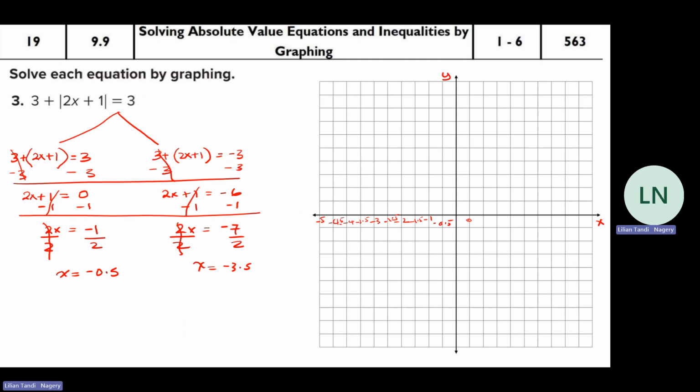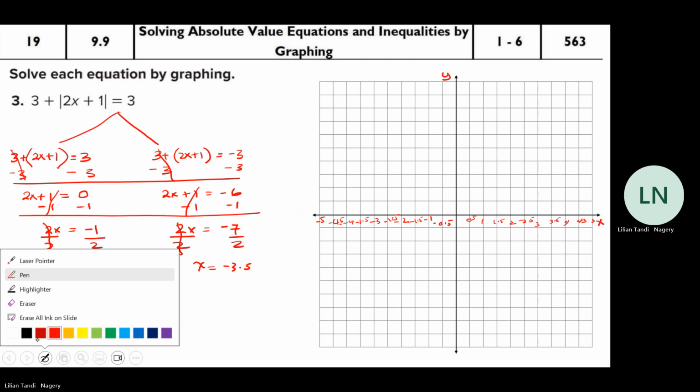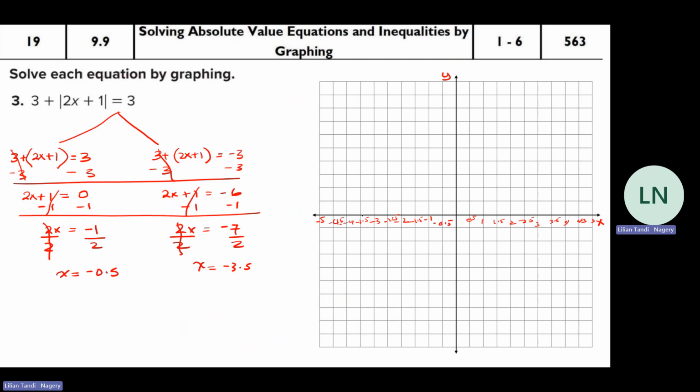Same thing here, 0.5, 1, 1.5, 2, 2.5, 3, 3.5, 4, 4.5, 5. Okay. All right. Then I put my solutions, negative 3.5 and negative 0.5. Okay. All right.